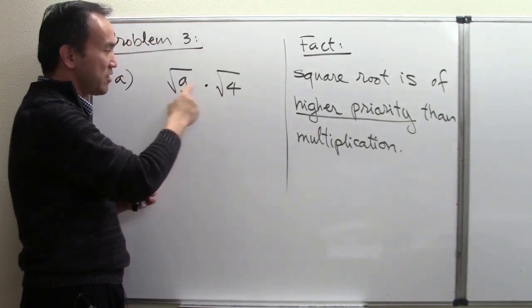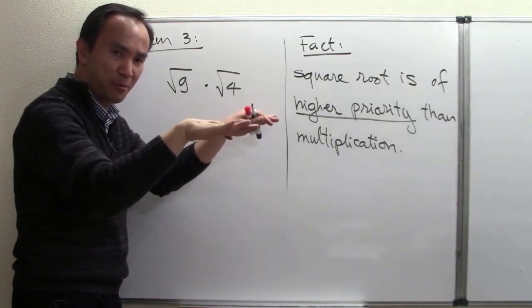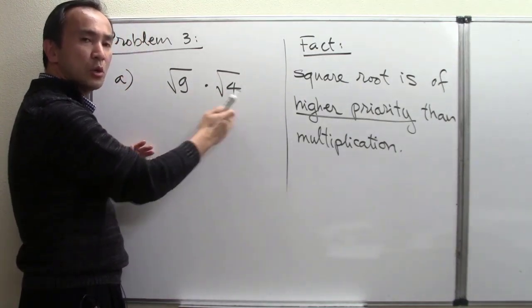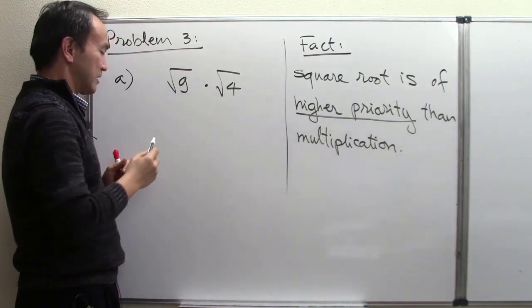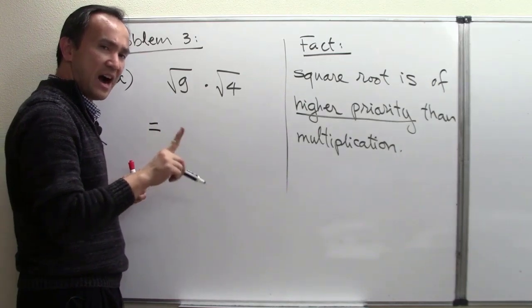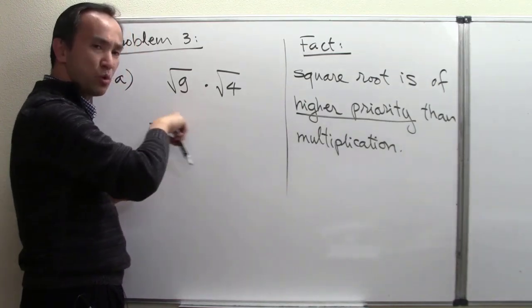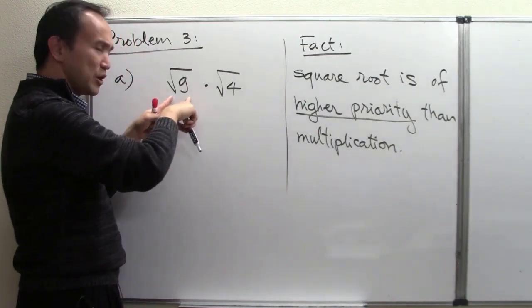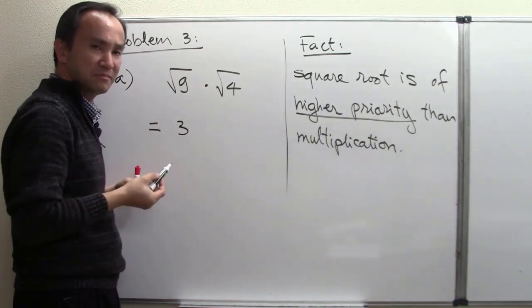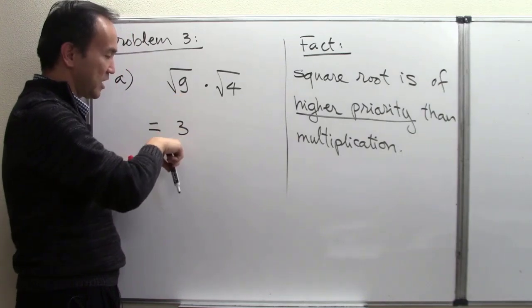Now square root and square root, of course, have equal priority. So for a problem like this, we are required to do two separate square root problems. Remember, square root is of higher priority, so I'm doing the two square roots first. Square root of 9 comes out as easy as that is for anyone. Square root of 9 equals 3.